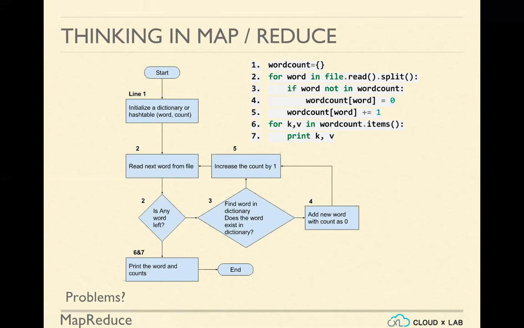So can it process, say, 10 gigabytes of data? Yes, thank you, Isha. If the size of the book becomes bigger, then there could be problems, right? Because this dictionary that you see here, word count, is staying in the memory.